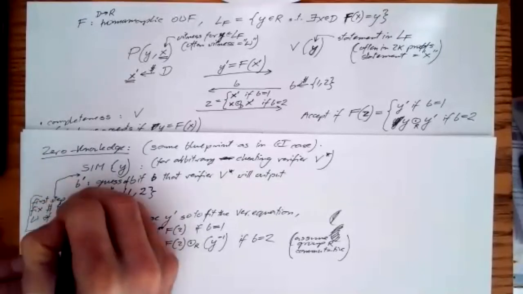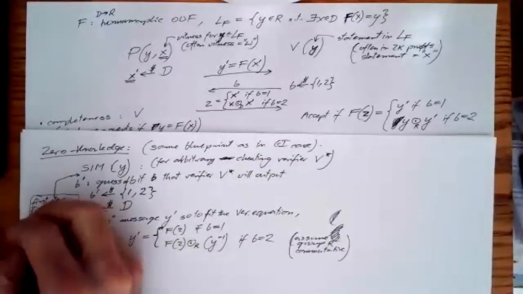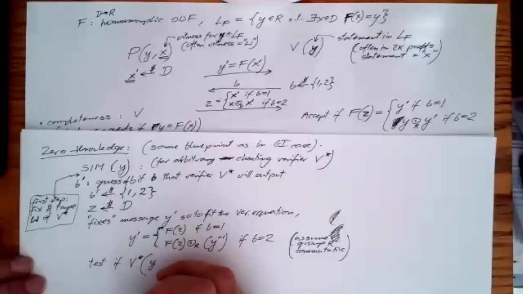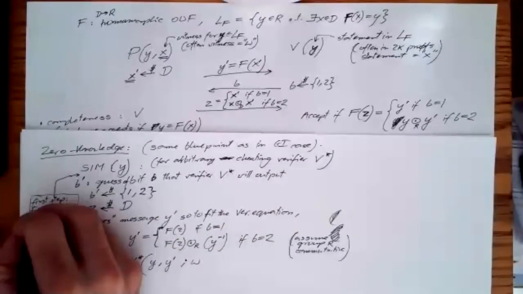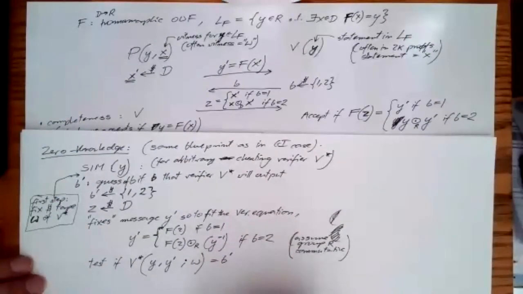So make the verifier a deterministic algorithm by picking a random tape for him. Now test if V star on input Y and message Y prime, given that his random tape is this omega, is equal to B prime.